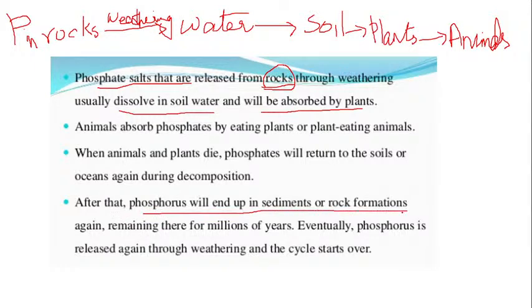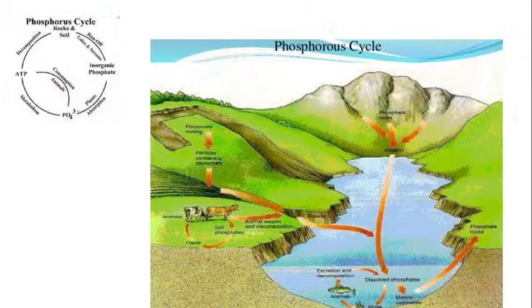Again, excess phosphorus will sediment in rocks and remain there for millions of years. And when weathering happens again, that cycle is completed. So here you can see the summary of the phosphorus cycle. You can also write the phosphorus cycle and the sulfur cycle in a similar pattern.